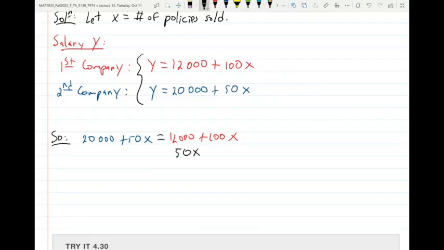So 100 minus 50 is 50, and the 12,000 to the left. So 20,000 minus 12,000 is $8,000. So x is going to be 8,000 divided by 50. Here we can cancel one of the zeros, and then 800 divided by 5 is 160.